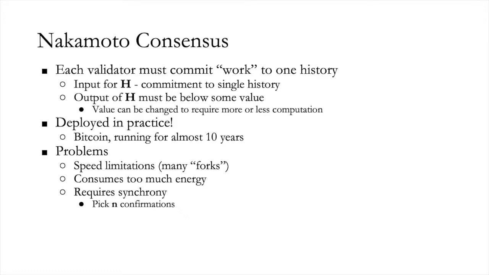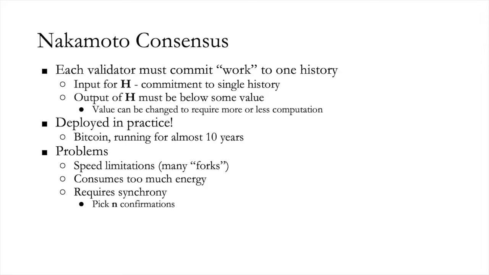Another disadvantage of Nakamoto consensus, as very clearly demonstrated by Bitcoin, is that it consumes too much energy, and worse, it consumes energy in proportion to the desired amount of network security, or some rough proportion. So the more energy which is put into calculating inputs to this hash function, and the higher the difficulty gets, possibly the more difficult it is for any individual actor to put consensus at risk.